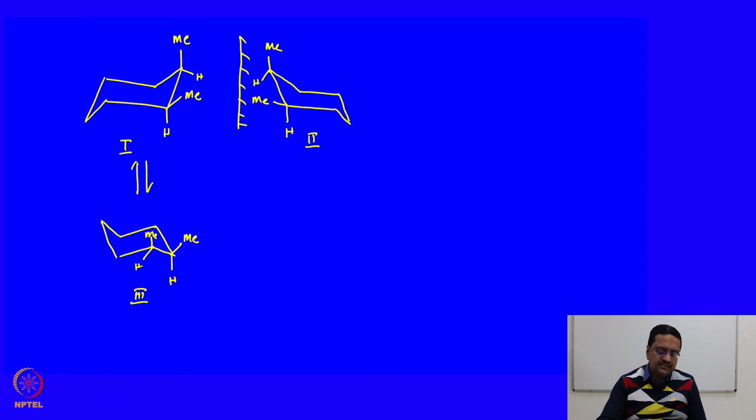That is the flipped structure of 1,2-dimethyl cyclohexane, and then if you rotate the molecule by 120 degrees about this central axis, what we would get is this one.